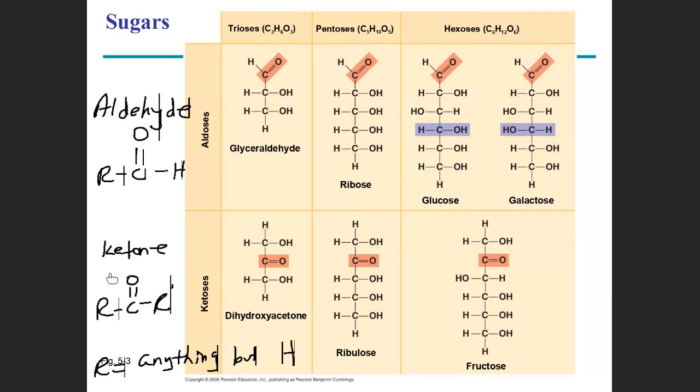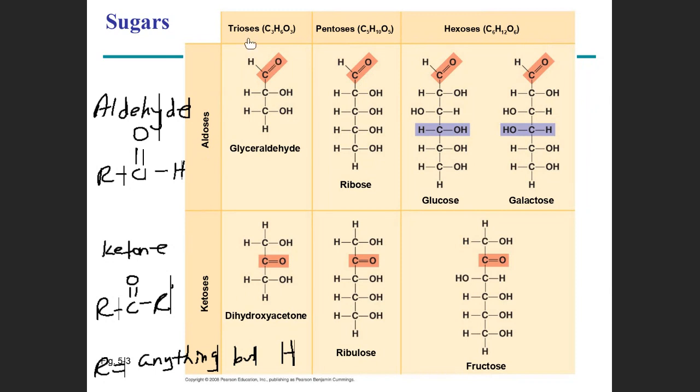A ketone also has a carbonyl group, but the carbon is bonded to other R groups, so no hydrogen, it's something else. And so we can see here, our carbonyl group is bonded to two other carbons, and here the carbonyl group is bonded to a carbon, right? That's the R group, and then a hydrogen. So aldoses have an aldehyde group, and a ketose has a ketone group.